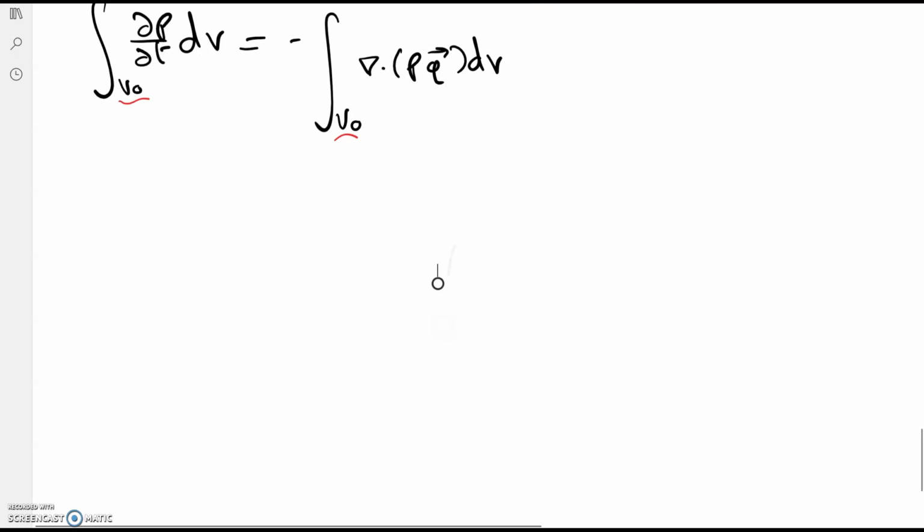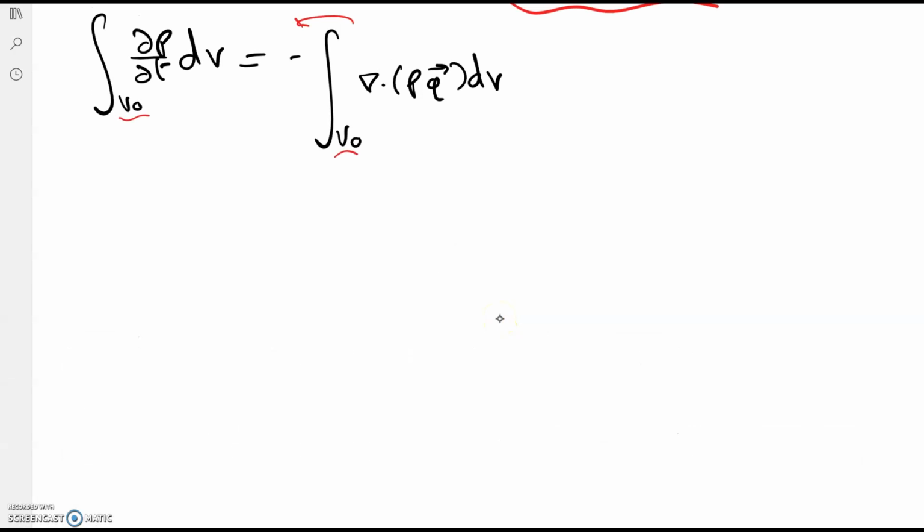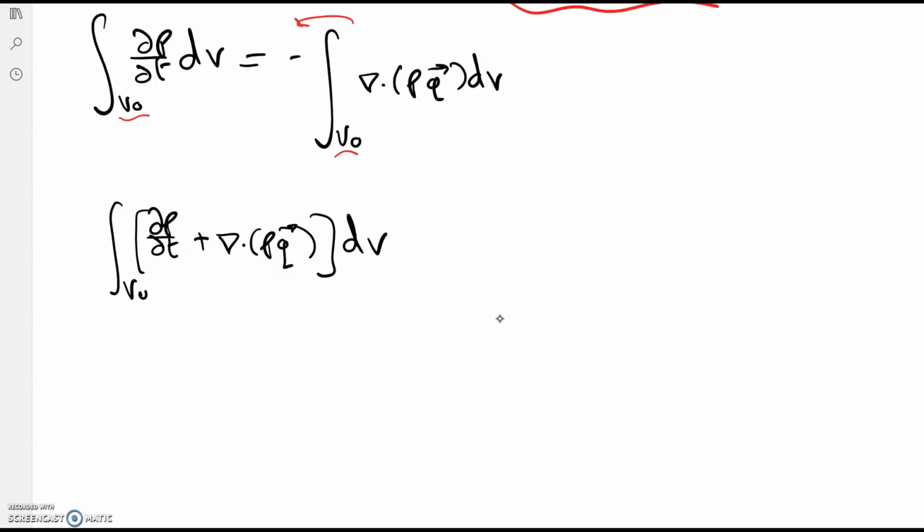We can just take this over to this side, and this is now the integral over V of, I'm just going to use angular brackets to denote. Now, by linearity of integration, we can put that into the integrand, and we have this.